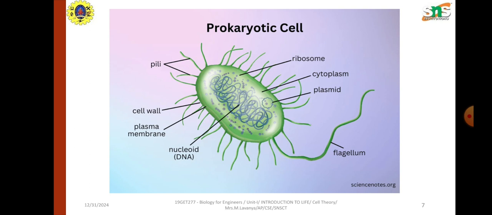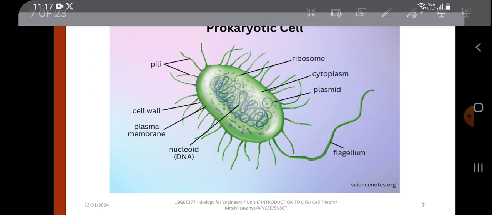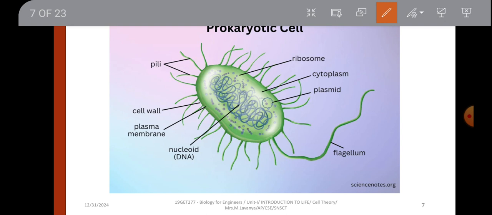This is the representation of prokaryotic cell, which consists of this part, known as pili, whereas first let us start from the cell wall.